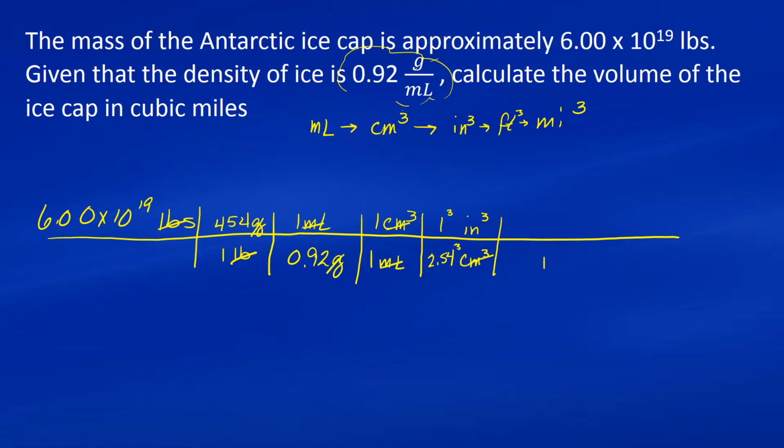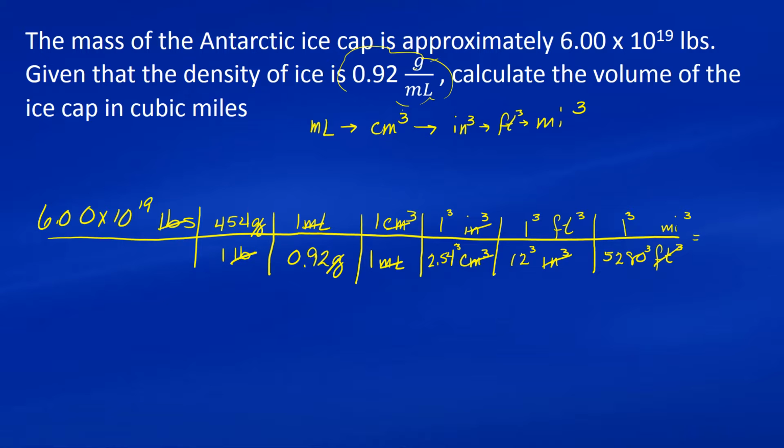Then inches cubed comes down here, feet cubed up here, and 12 inches is in 1 foot, but again our units are cubed, so we have to cube our numbers. And that made inches cubed cancel. Then feet cubed down here, and miles cubed here. I know that in 1 mile there's 5,280 feet, but again, since our units are cubed, you have to also cube your numbers.